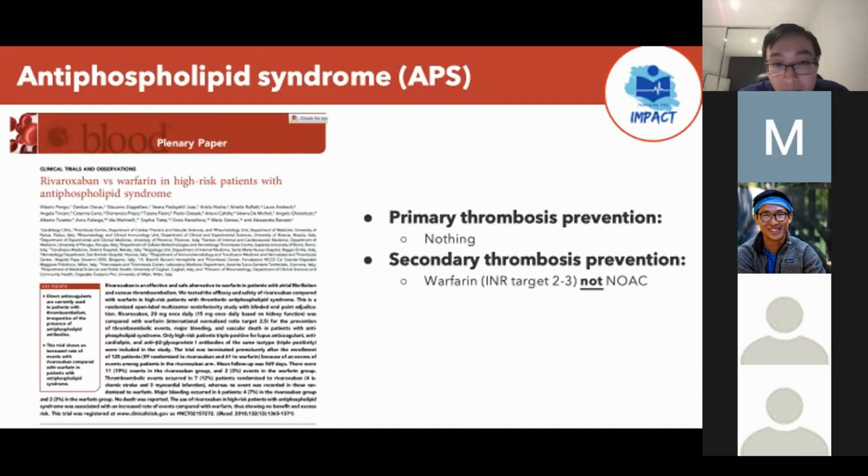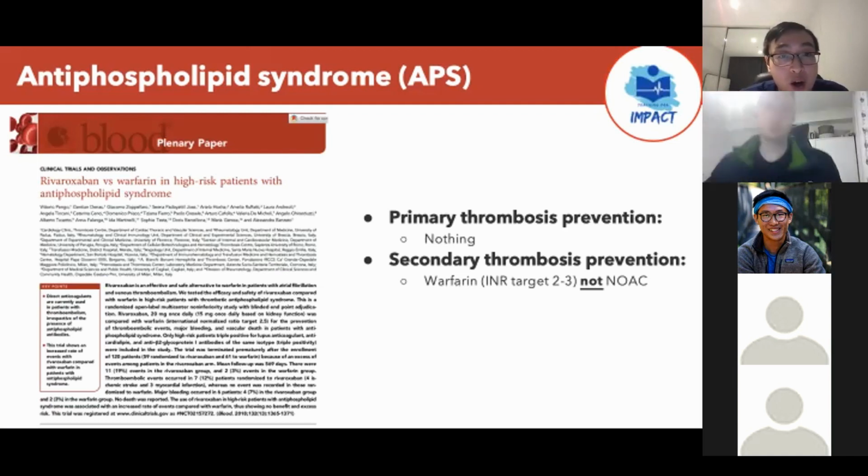The important thing to bear in mind is that it's been definitively shown over the past maybe 5 years that warfarin is superior to NOACs for secondary thrombosis prevention in patients with antiphospholipid syndrome. And this is especially the case in patients with what we call triple antibody positive antiphospholipid syndrome, so all 3 of lupus anticoagulant, anticardiolipin, and anti-beta-2 glycoprotein 1 are positive.